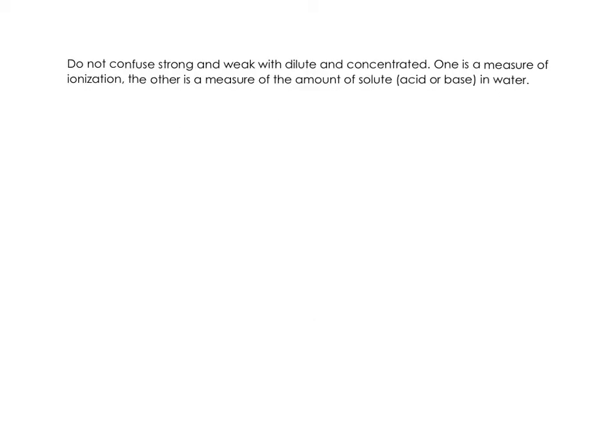Okay, some definitions here. Strong and weak are sometimes confused with dilute and concentrated. One is a measure of ionization. The other is a measure of the amount of solute in water, so the amount of your acid and base in water. So if I draw a beaker, and I have in it a strong acid, I could do a strong base as well.